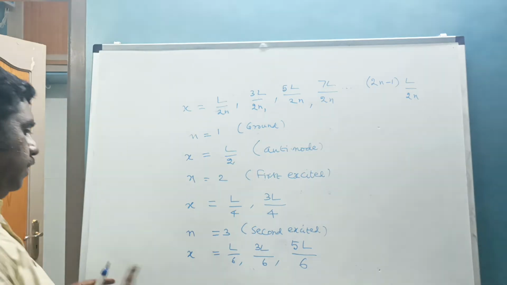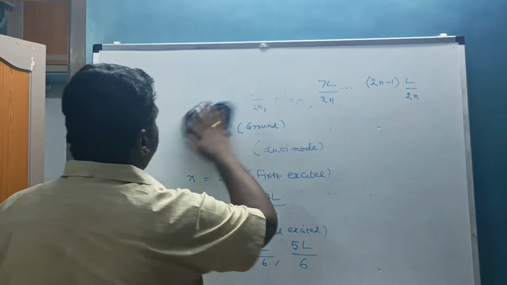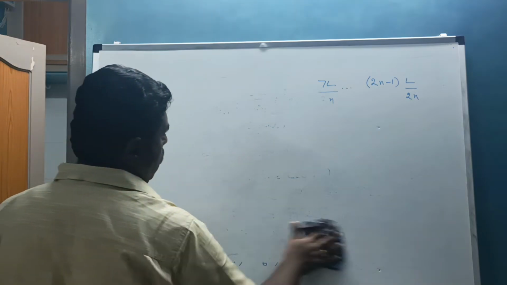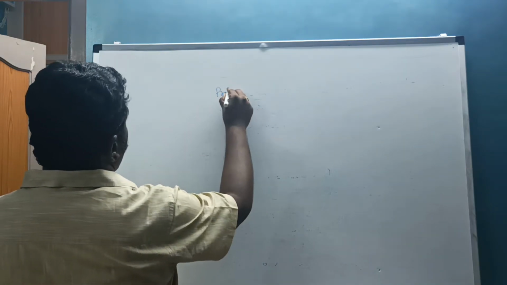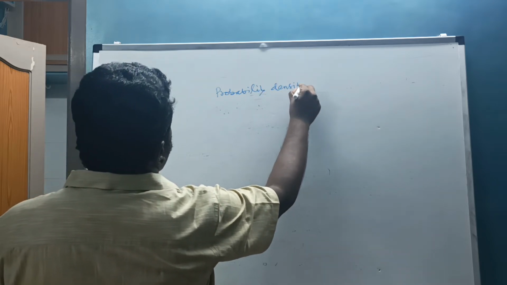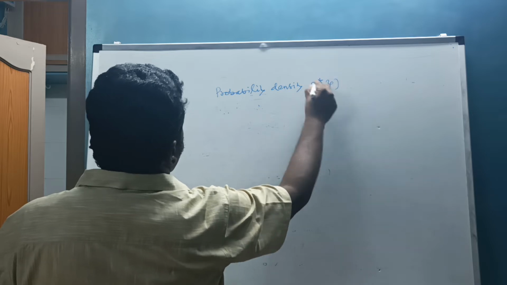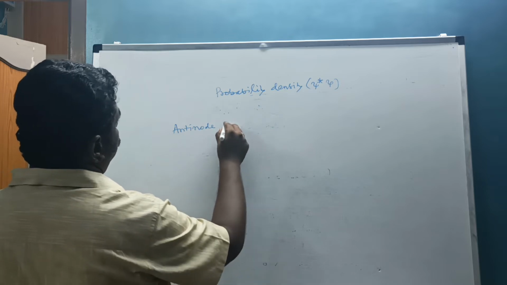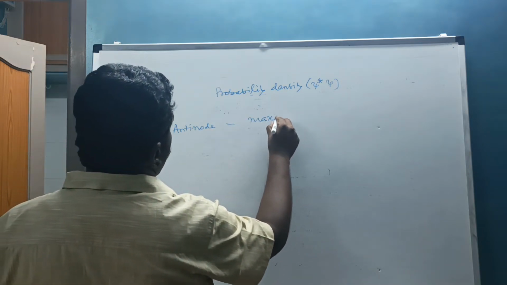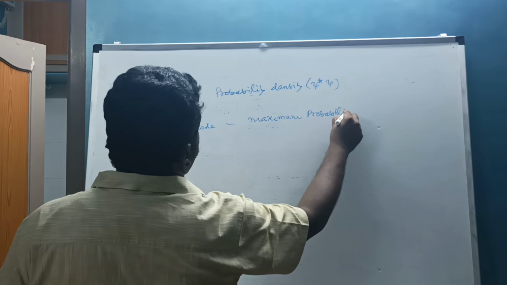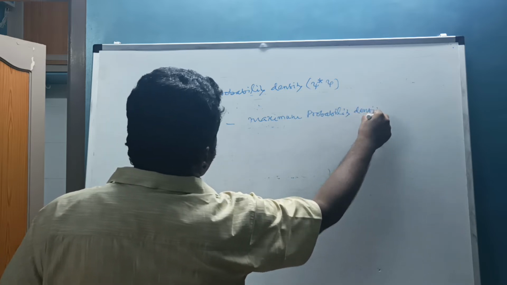Now we have to go for the position probability. See, the position probability is psi star psi. In the case of probability density, that is psi star psi, antinode is the position of maximum probability density, which means that the particle is likely to be present only at this point.